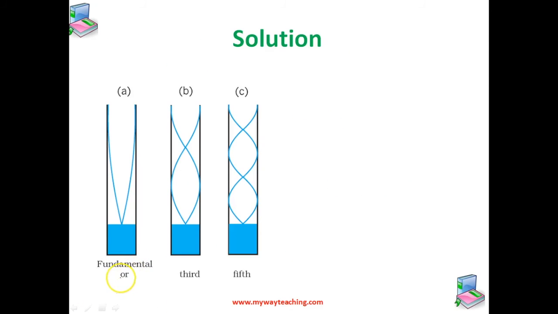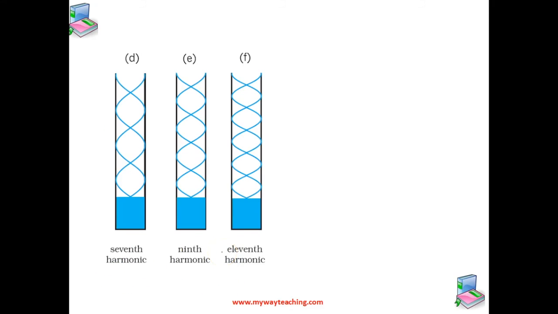This figure shows the first 6 odd harmonics of an air column with one end closed and the other open. You can see this is the fundamental, third, fifth, and this is the 7th harmonic, 9th harmonic and 11th harmonic.